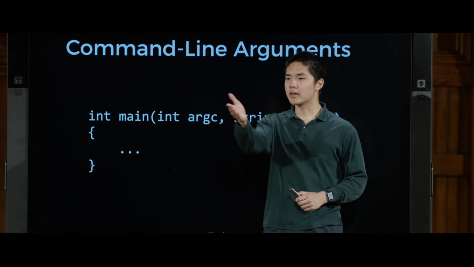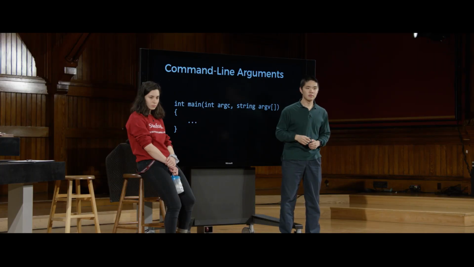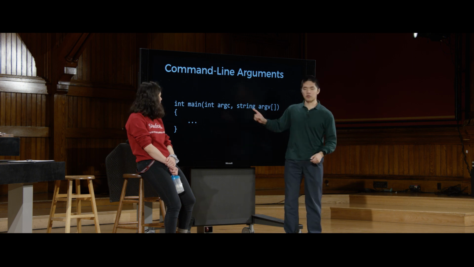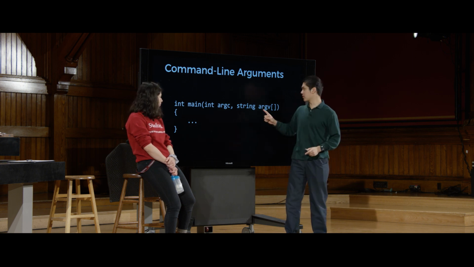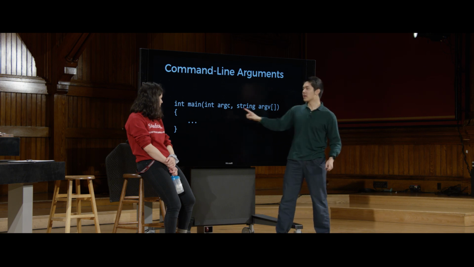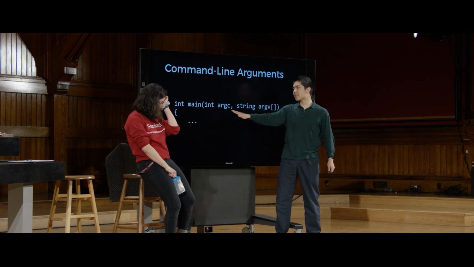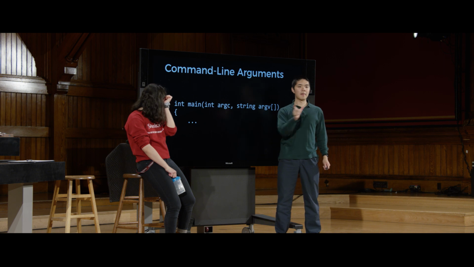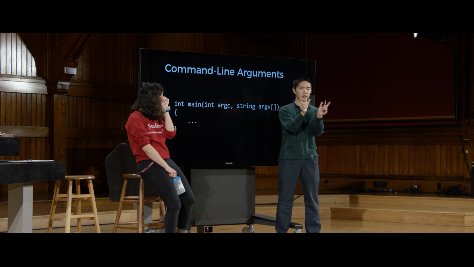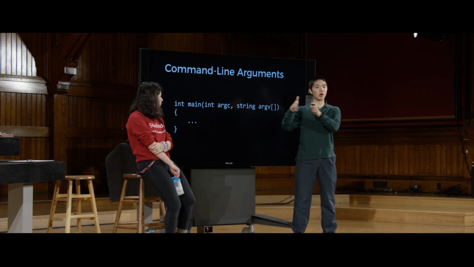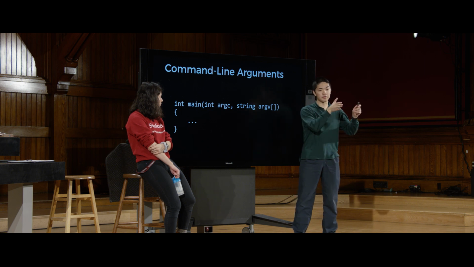Yeah? If argc is 2, when that prints out, does it print out as 2 or as 1, since it starts counting at 0? So the question was, since the array starts counting at 0, how does the value of argc compare to that? If argc is 2, that means there are going to be 2 arguments passed in, one of which is stored in argv[0] and one of which is stored in argv[1].